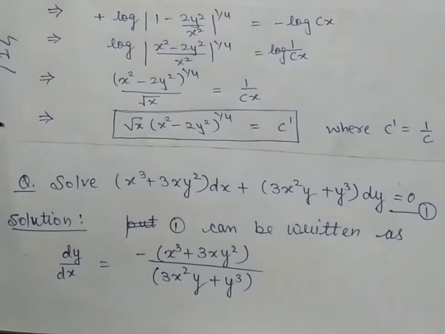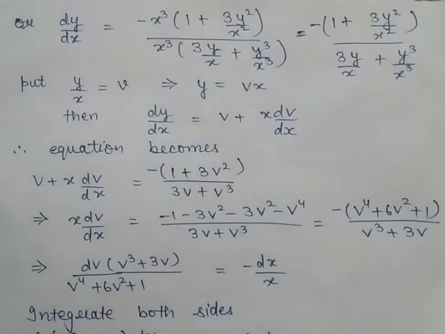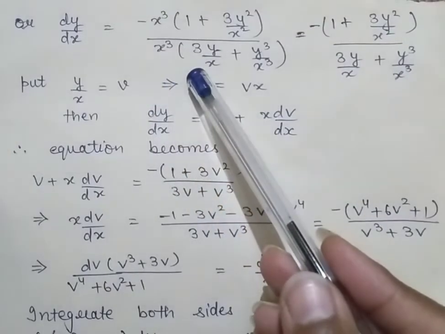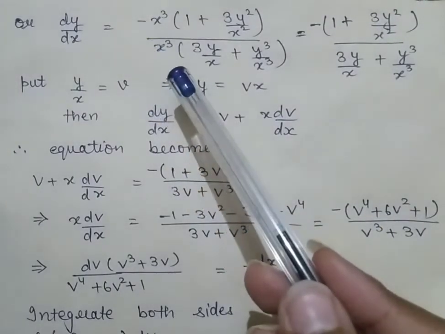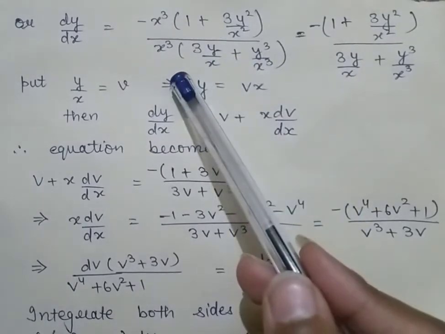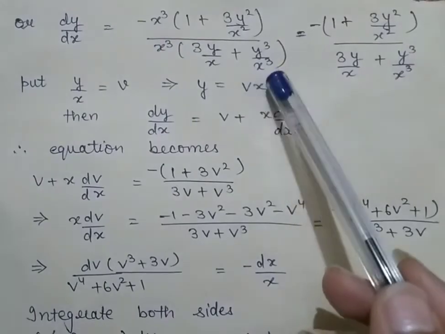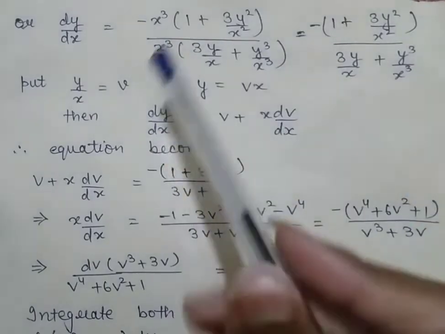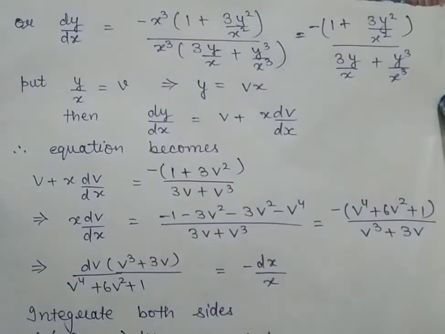Then the equation becomes dy by dx equal to minus x cube (1 plus 3y square upon x square) divided by x cube (3y by x plus y cube by x cube), or if we cancel this x cube, then the equation is this one.